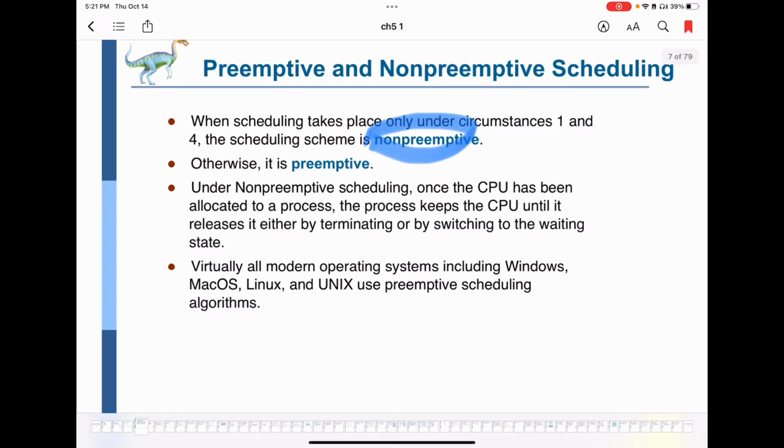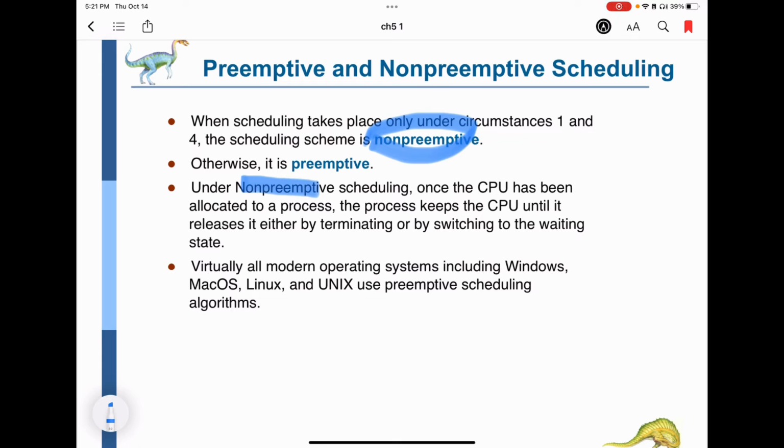So, under non-preemptive scheduling, once the CPU has been allocated to a process, the process keeps the CPU until it releases it either by terminating or by switching to waiting state. Yan yung non-preemptive.